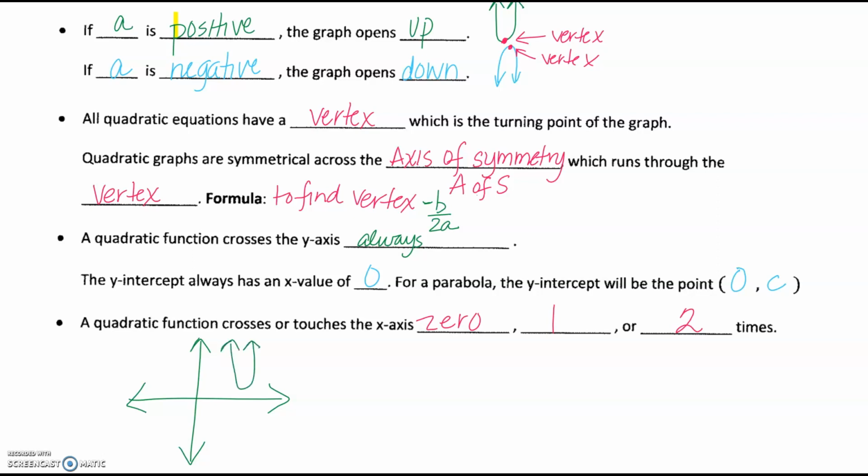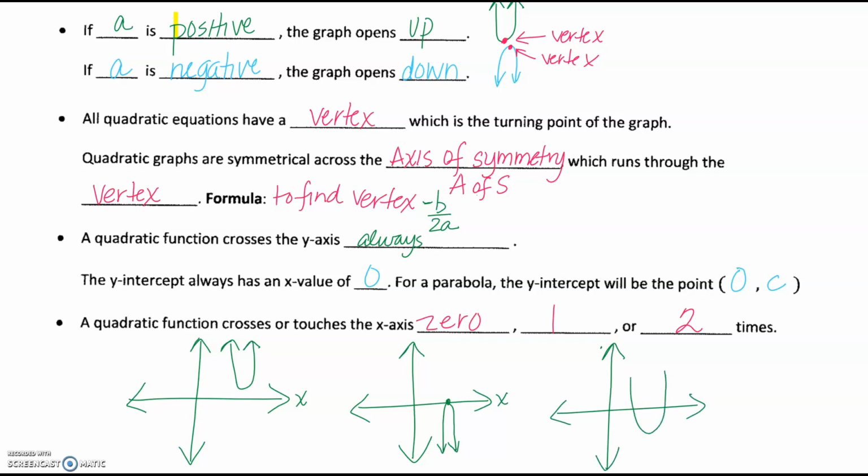It's not hitting the x-axis. A parabola that touches the x-axis 1 time would be at the vertex of that parabola. A parabola that touches the x-axis 2 times could look something like this. It's touching x there, and it's touching x there. So that's what that means.